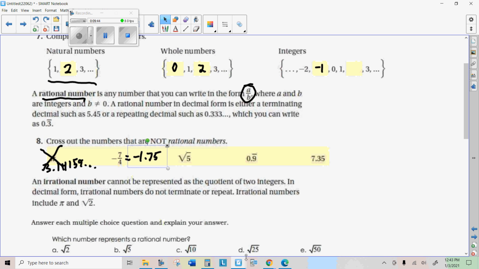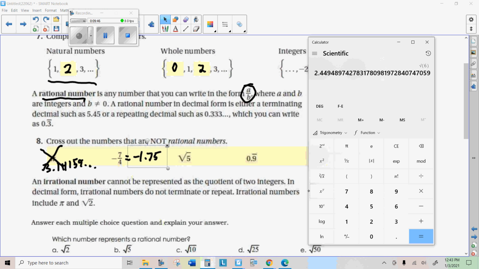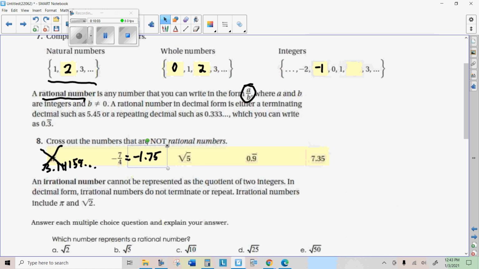Now, if we do the square root of 5 on our calculator, the thing we see tells us whether it's rational or irrational. Since this number goes all the way to the end of the screen and never seems to repeat in any pattern, we say that is not a rational number. If it's a repeating decimal, like this one, then it definitely is rational.